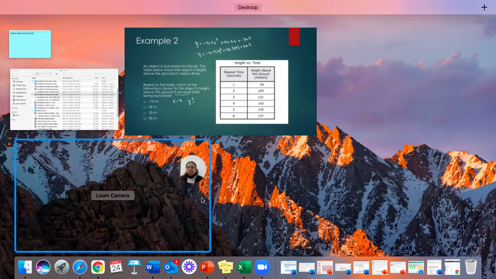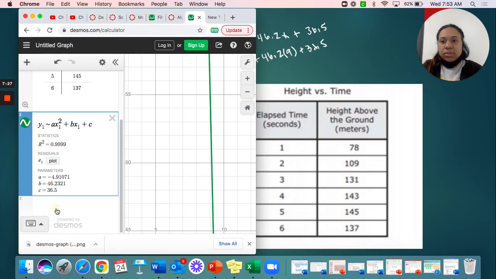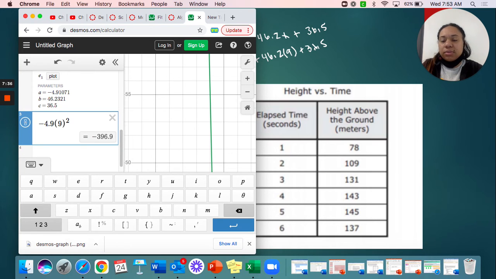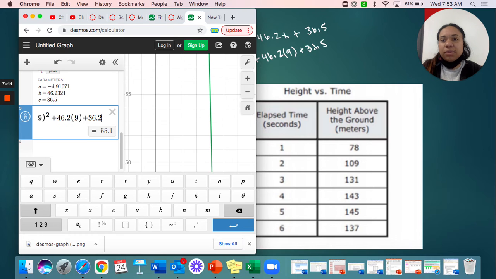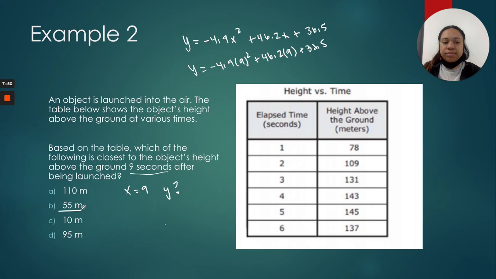So going back to Desmos again. So let's see. Negative, and this is going to be a rough estimate because I'm rounding my numbers, right? And this is squared. And I'm using my keyboard as well, just to save my own time. So here we get 55.1. So 55 would be my closest answer.